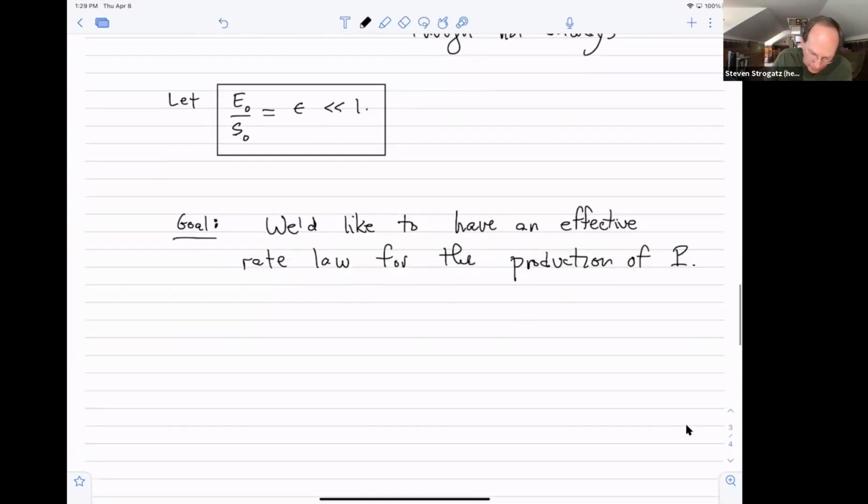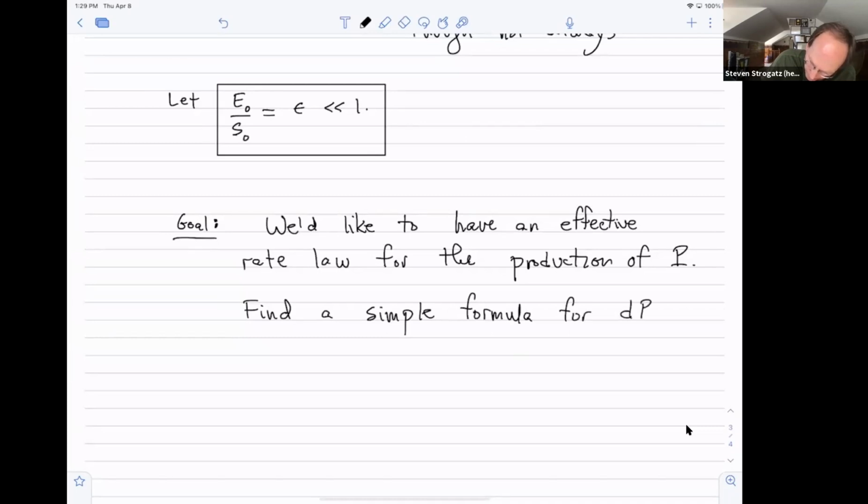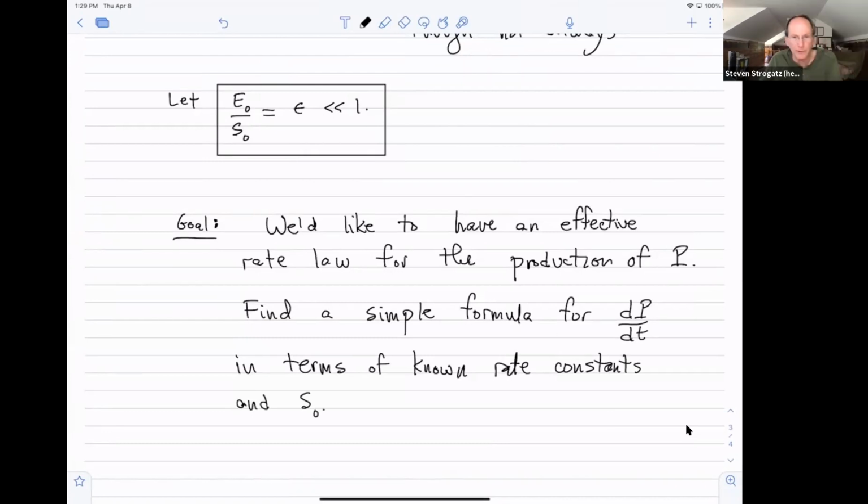So, find a simple formula for dP/dt in terms of known rate constants, the various Ks, and maybe the initial amount of substrate or something, which should be readily measurable.